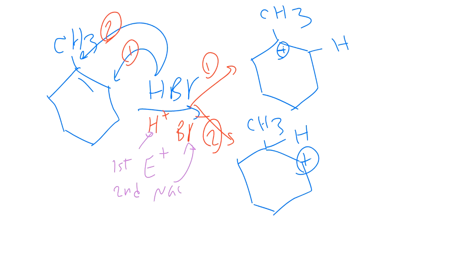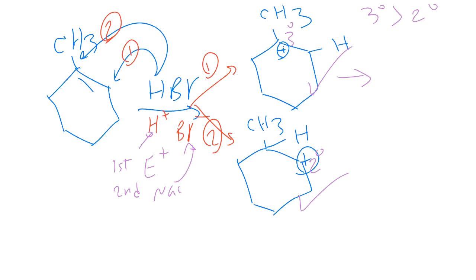If 1 takes place, we are going to end up with a tertiary carbocation. If 2 happens, we are going to end up with a secondary carbocation. Because tertiary is more stable than secondary, this is going to be major, and this one is going to be minor.